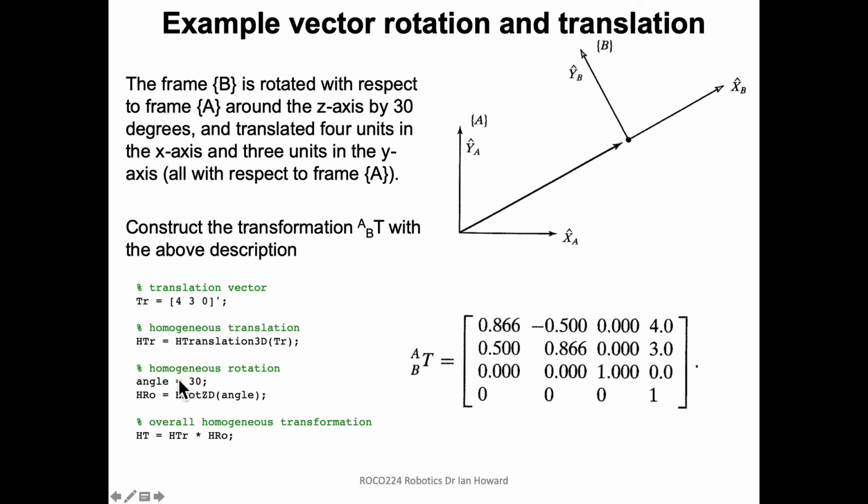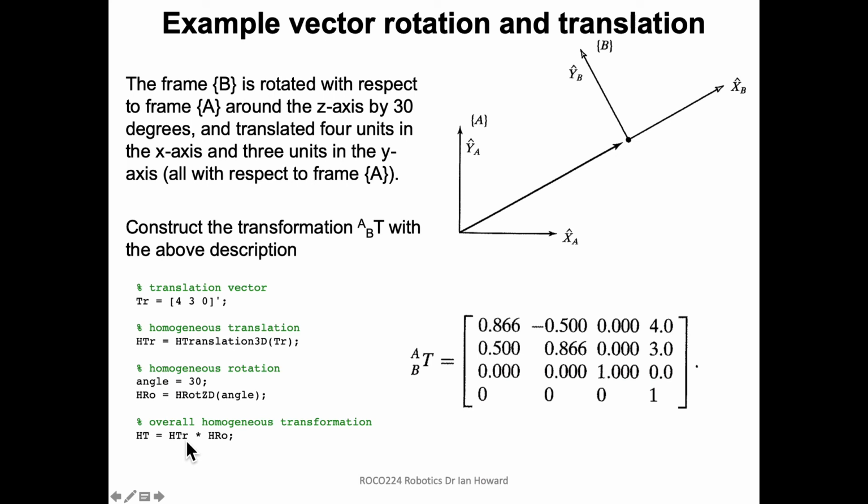Then we're getting a homogeneous rotation of 30 degrees. So the overall transformation matrix is going to be, we normally would multiply a point by the first part, the rotation, and then do the translation. But because these are now homogeneous transformations, we can build the overall effect by first multiplying by the rotation homogeneous transformation and then multiplying by the translation one.